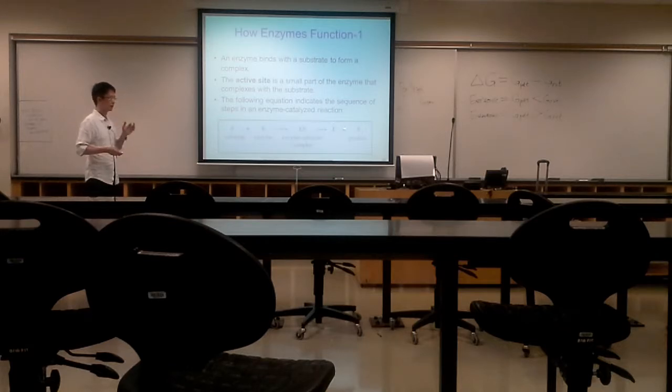So the enzyme can go back to react with another substrate to form another enzyme-substrate complex and then to form another product. In other words, you can see that enzymes do not change and they are reusable. At the end of the reaction, it is still the same enzyme, but the substrate or the reactant is already converted into product.